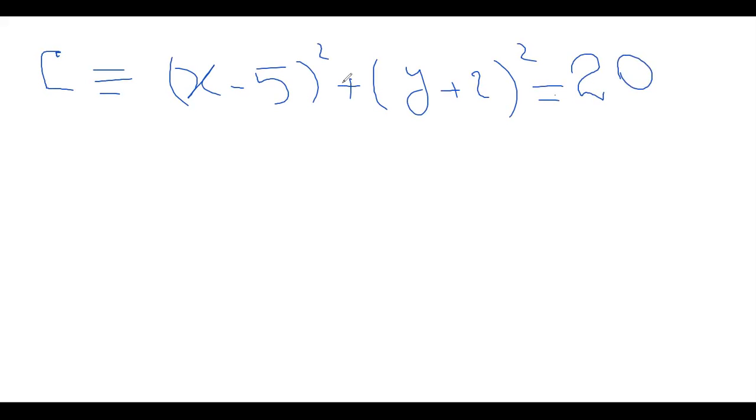So this is the equation of a circle. I can draw the circle for you also. Let me do it now. We are just going to draw this one over here. So this is a circle. Now about this circle, the equation is also given.